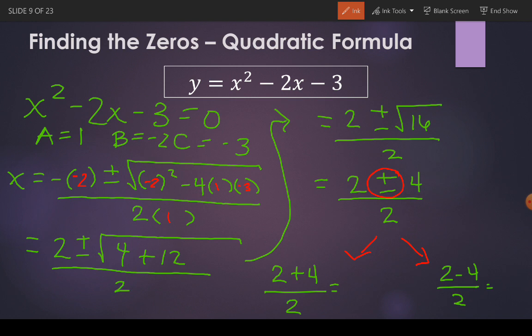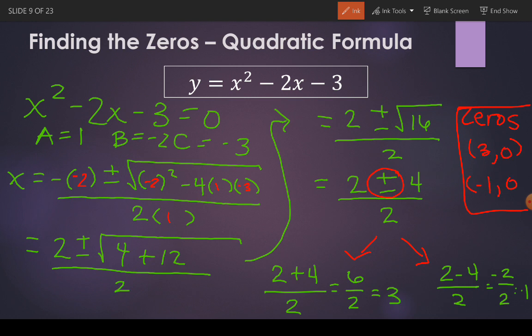So here we'll get 6 over 2, which equals 3. And we'll get negative 2 over 2, which equals negative 1. So our zeros are going to be the same as the zeros we found by factoring earlier, and we can write them as points. So it'll be 3, 0, and negative 1, 0.